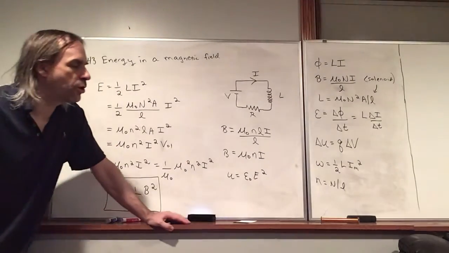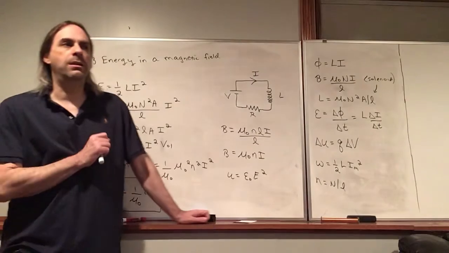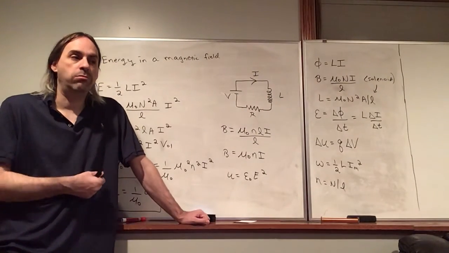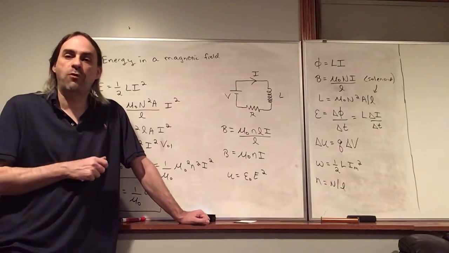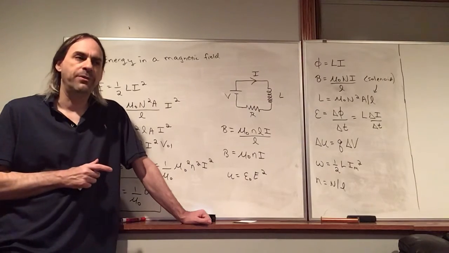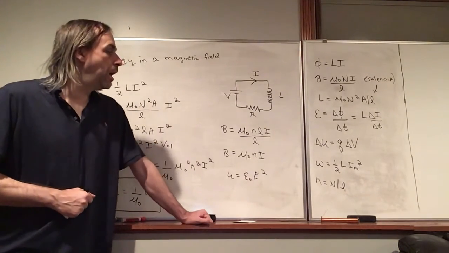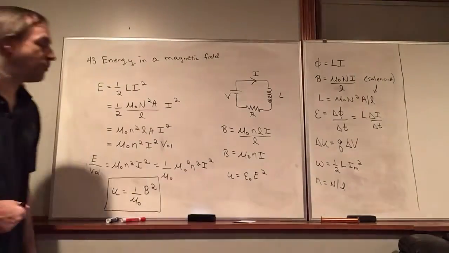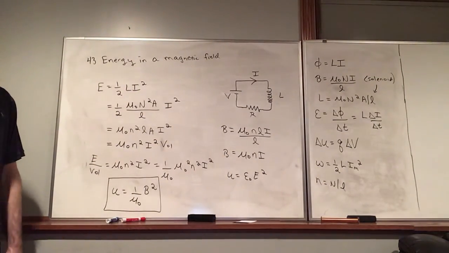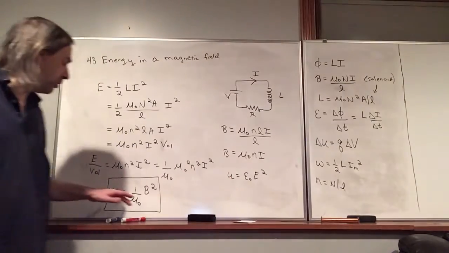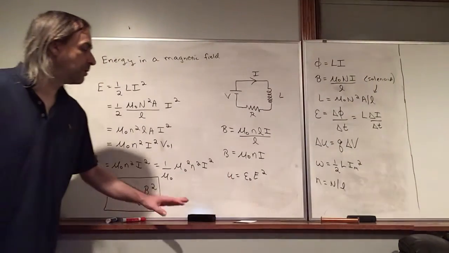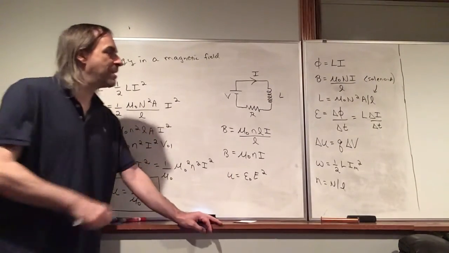And the main reason we're doing this is because soon we're going to talk about light, which is a form of electromagnetic radiation, and light carries energy. So this energy density of light is very important. And so we're going to need both of these results for what's coming up. So that was the main reason to motivate this.